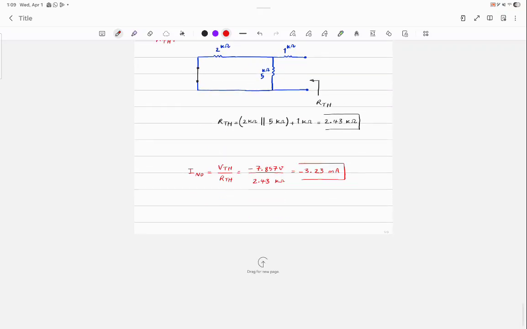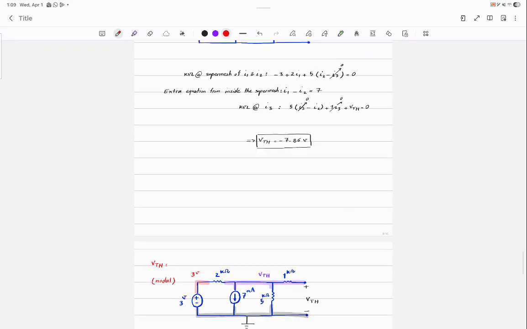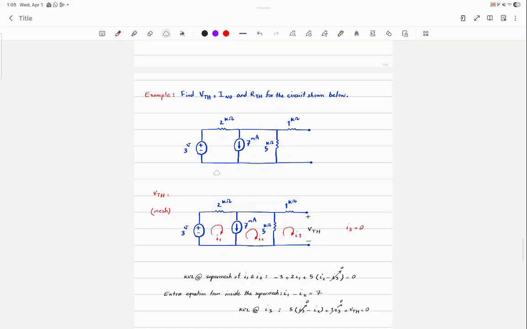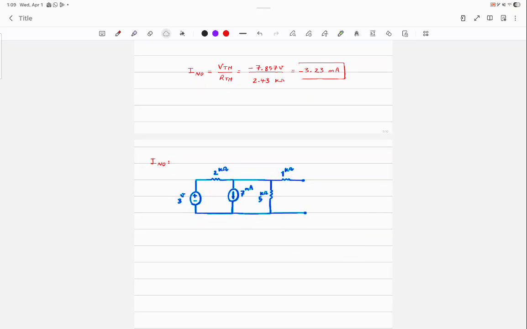But just for the sake of completeness, let's analyze the circuit for INO, okay? What should I do? Short the output. This is INO that you need to calculate.